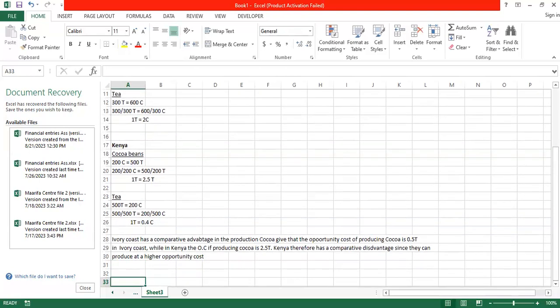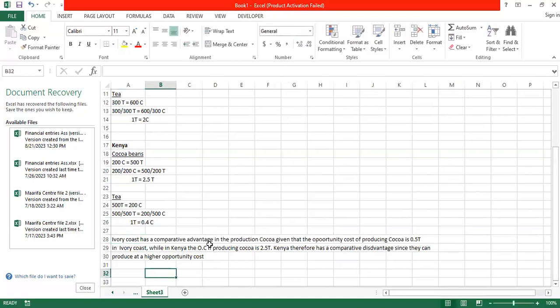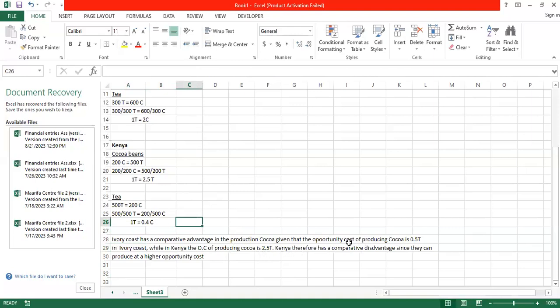All right. So Ivory Coast has a comparative advantage in the production of cocoa, given that the opportunity cost of producing cocoa is 0.5 T in Ivory Coast, while in Kenya the opportunity cost of producing cocoa is 2.5 T. Kenya therefore has a comparative disadvantage since they produce at a higher opportunity cost.